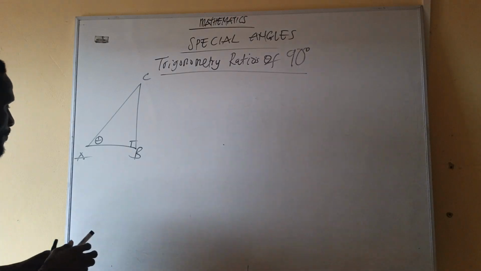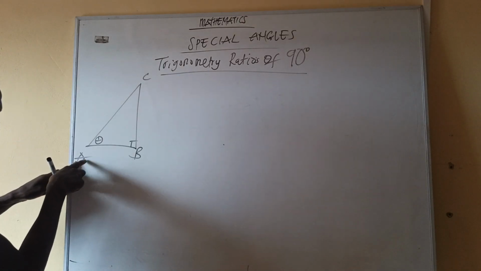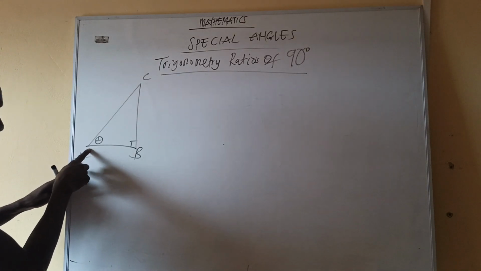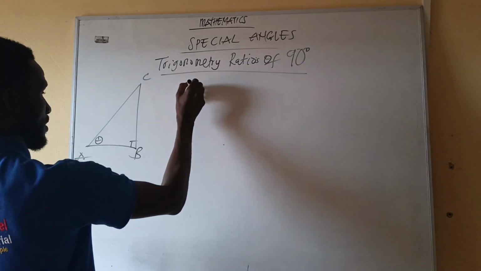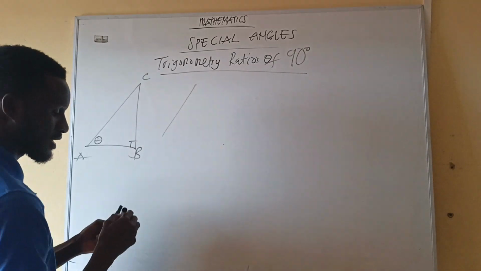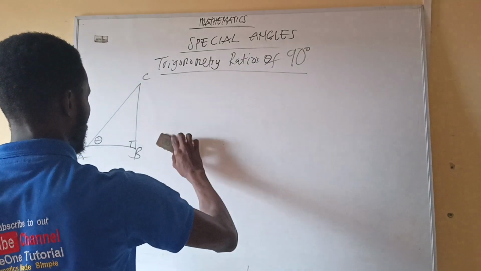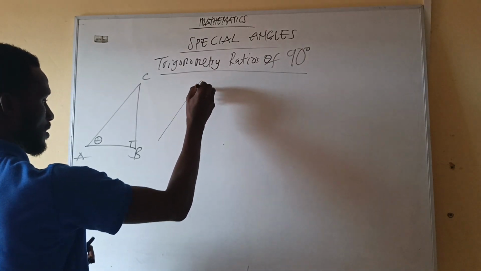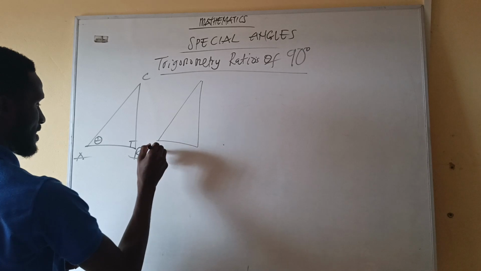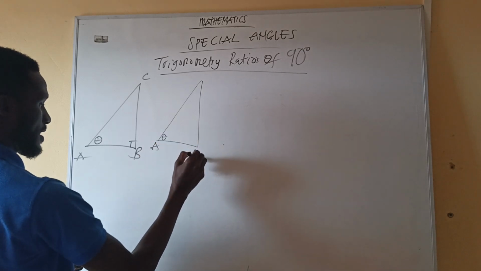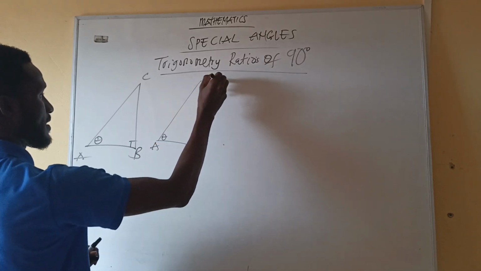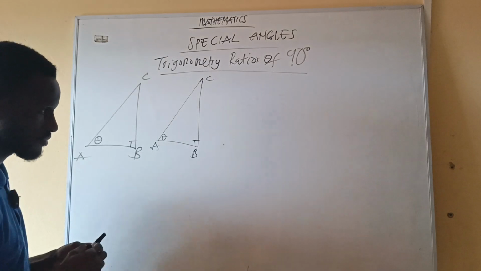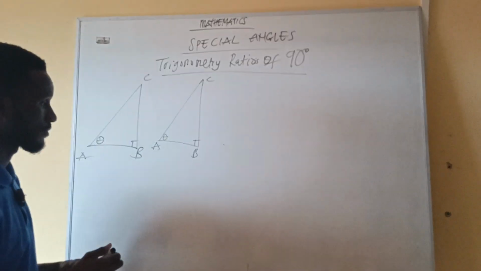Now, how can theta be 90 degrees? Look at something. If this one is supposed to be 90 degrees, unless I push the angle A to B, look at something. Now this one is A, here is theta, here is B, and this side is C. Follow me closely.